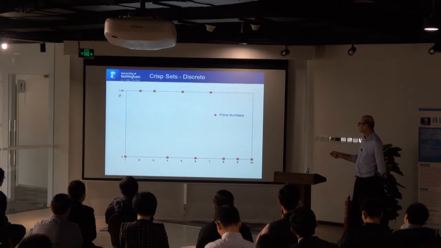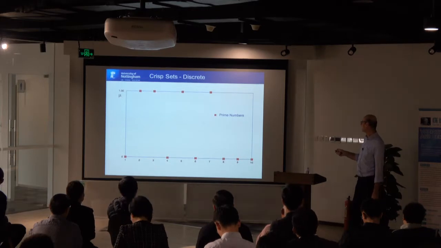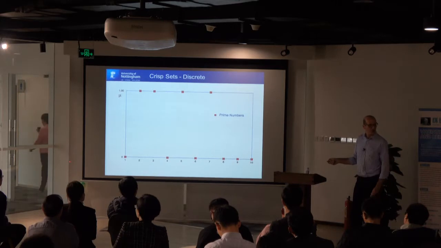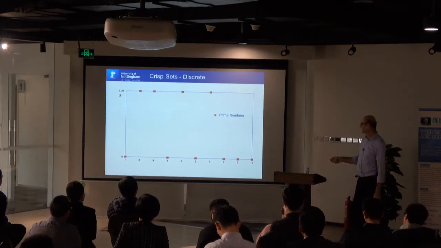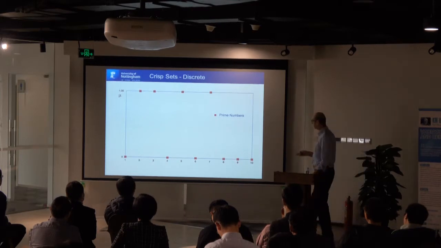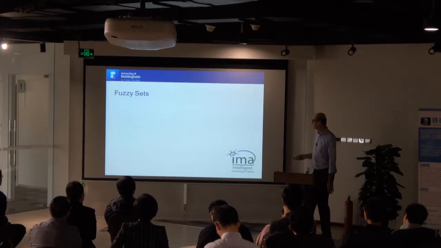So the set of prime numbers I can draw like this. 2 is in the set of prime numbers, 3 is, 5, 7 are. Well, 1, mathematicians argue about 1, so anyway, I'll put it not in the set of prime numbers. 4, 6, 8, 9, 10, they're all not prime. So that's how you draw a set of prime numbers.